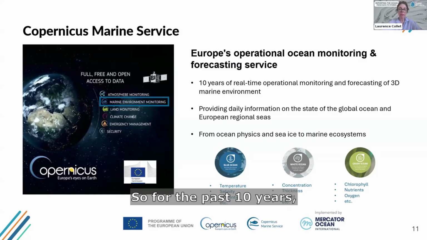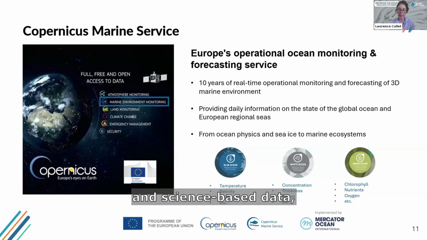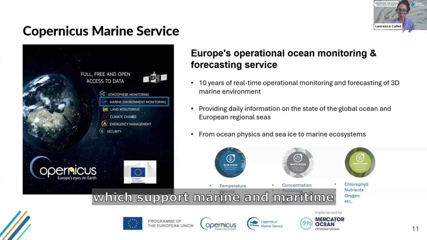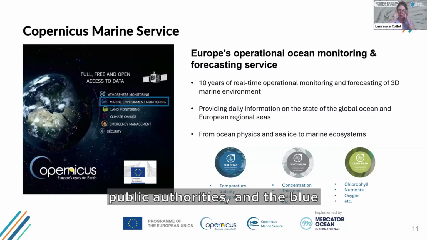So for the past 10 years, it's been delivering real-time information on the 3D state of the global ocean, but also of European regional seas, from ocean physics and sea ice to marine ecosystems. In practice, it means that every day, the service provides open, free, and science-based data which support marine and maritime sectors, public authorities, and the blue economy.